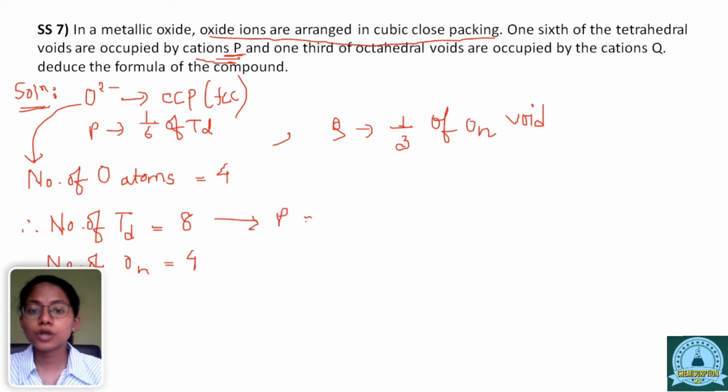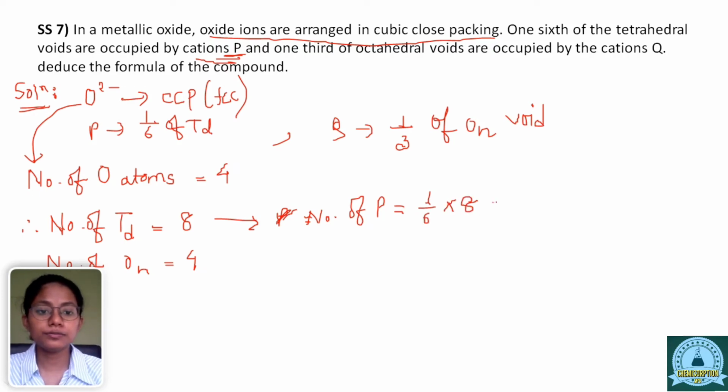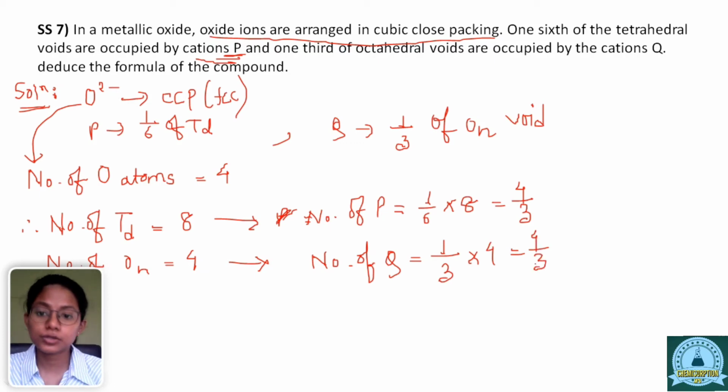And since P occupies 1/6, therefore the number of P atoms is equal to 1/6 into 8, which is equal to 4/3. And Q occupies 1/3 of octahedral void, so the number of Q is equal to 1/3 into 4, which is again equal to 4/3.